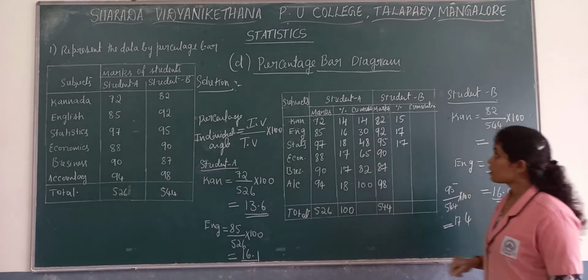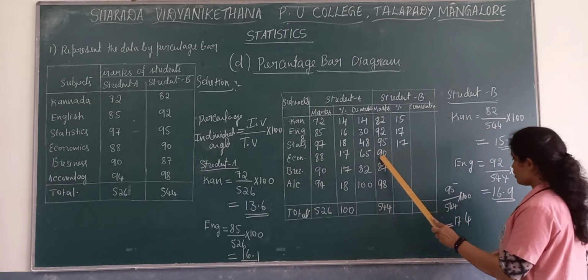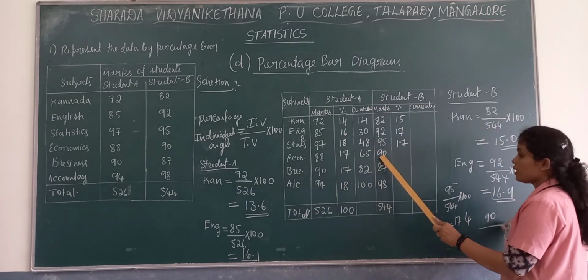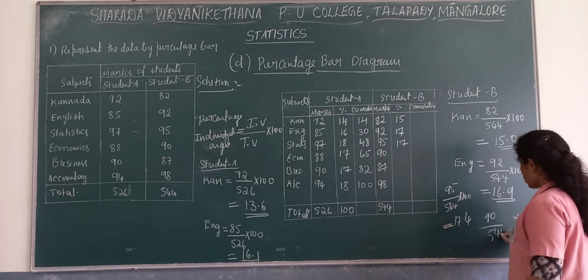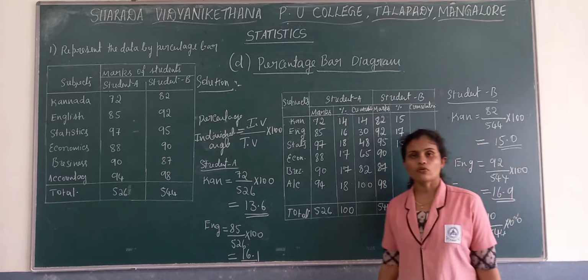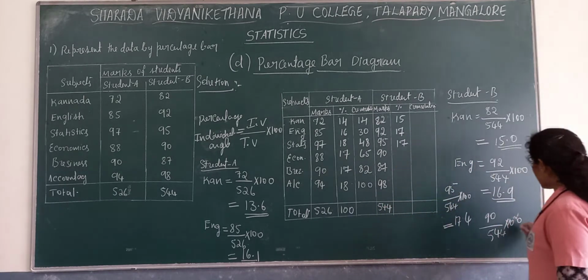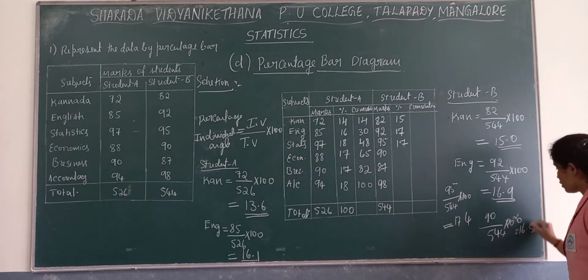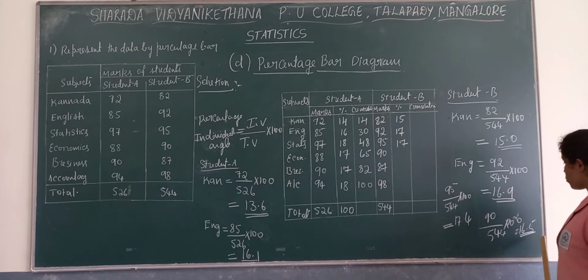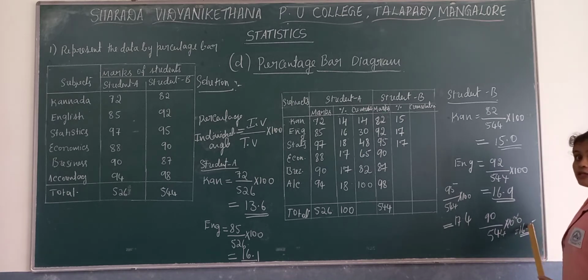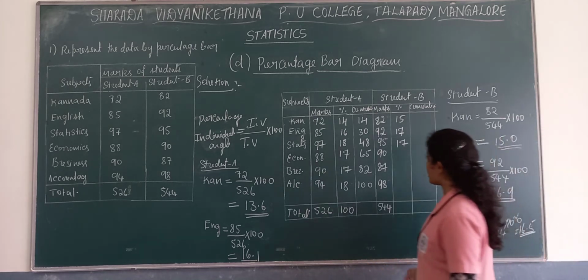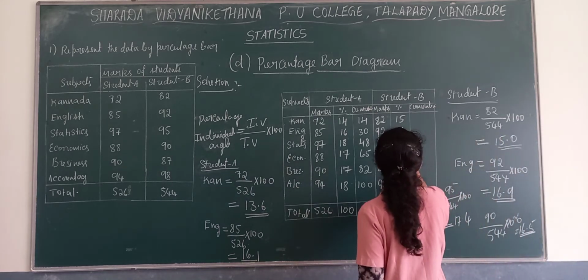Next one, the fourth one, 90 by 544 into 100. Then we get 16.5. Since it is 5 or more than 5, we can increase it by 1. We are taking it as a round figure, 70.